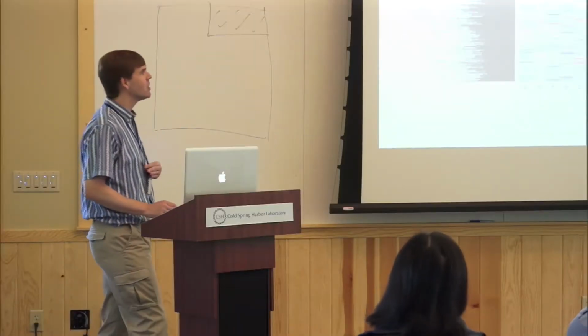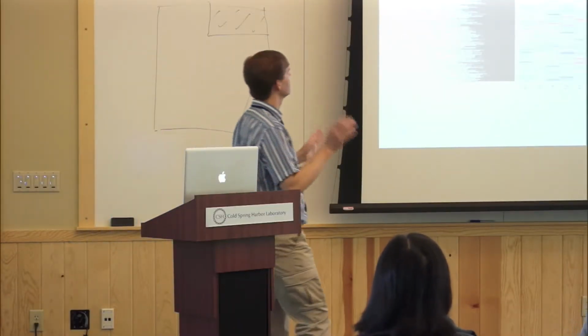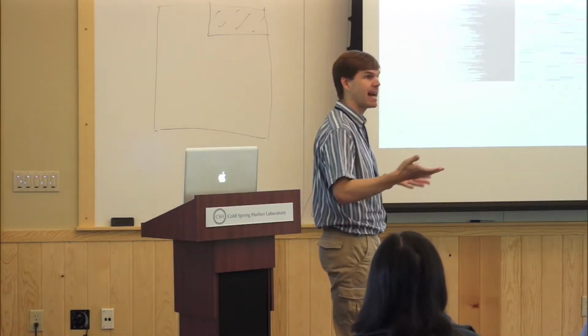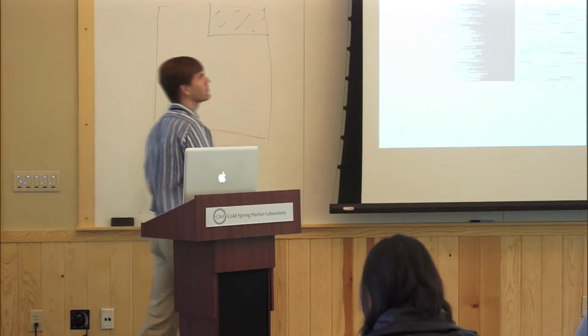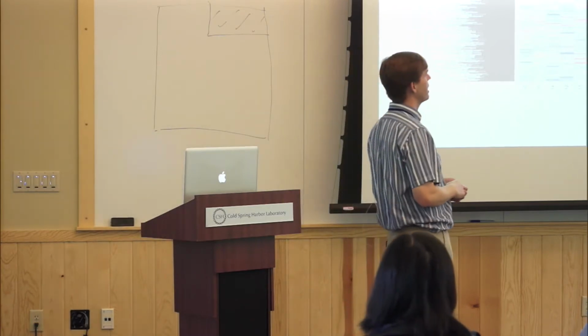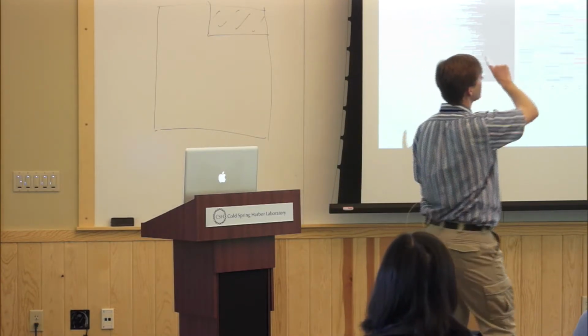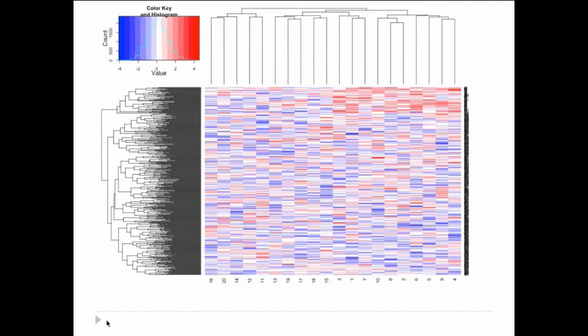So here I'm taking the next step. The data are in the same order as I gave them here. So what's going on here is that we've clustered the samples. They're not in the same order, sorry. We've clustered the samples, we've clustered the genes, okay?